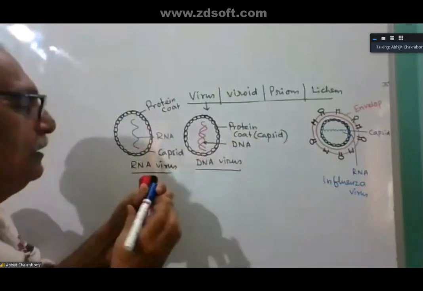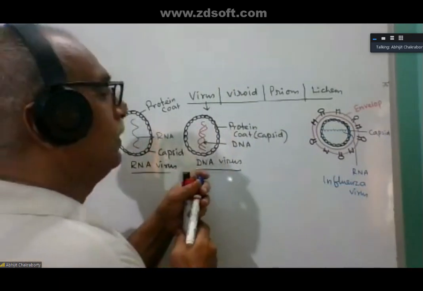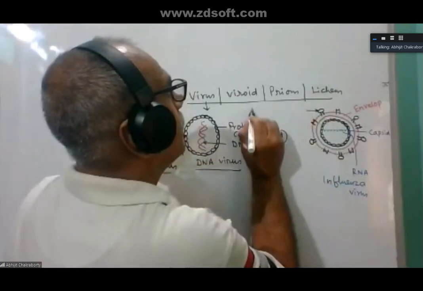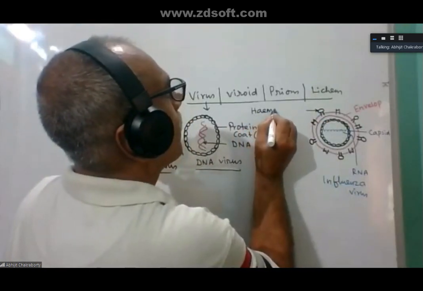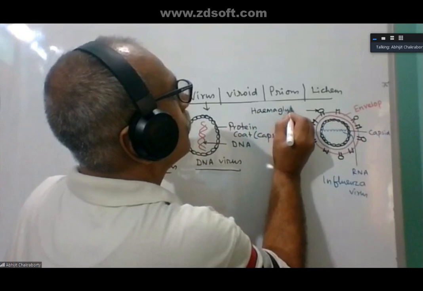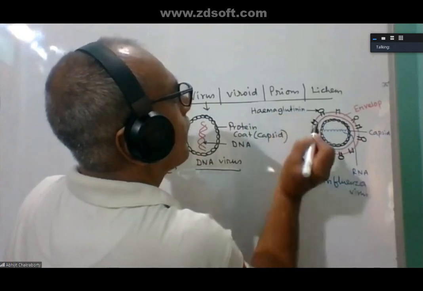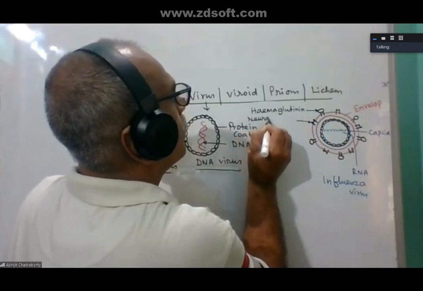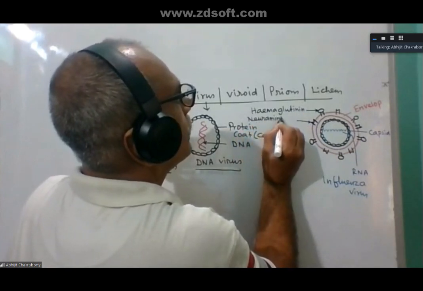So what are these structures called? You see, this one is hemagglutinin. This is called neuraminidase.